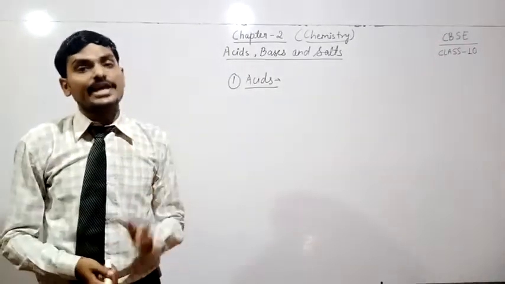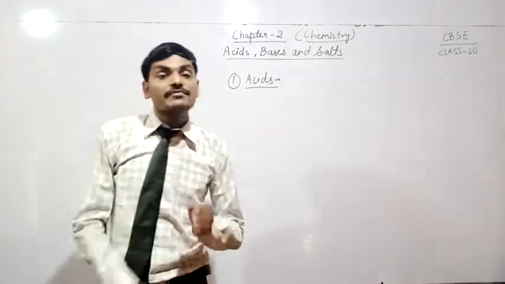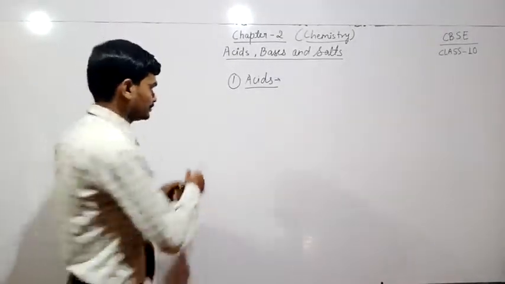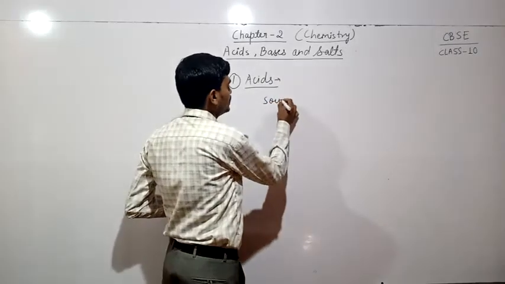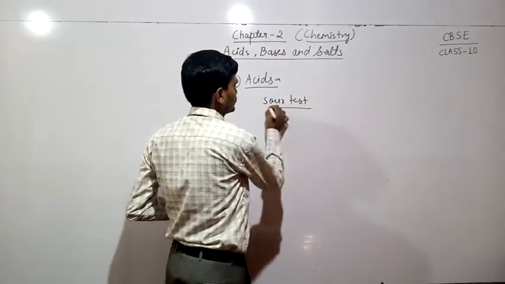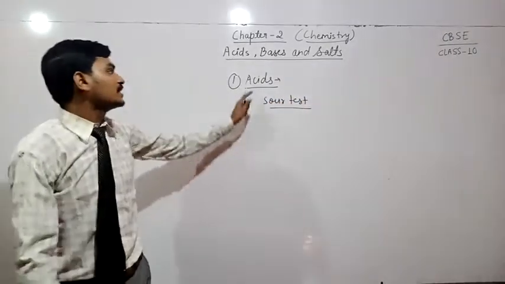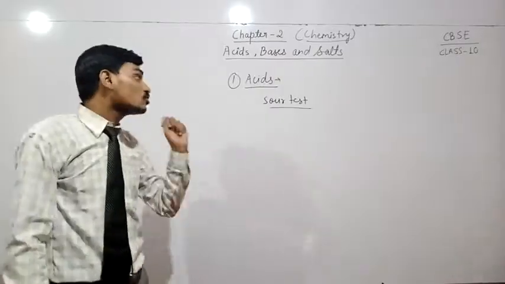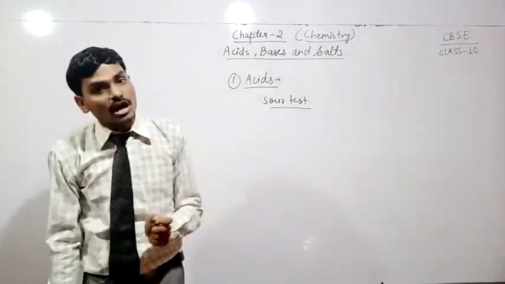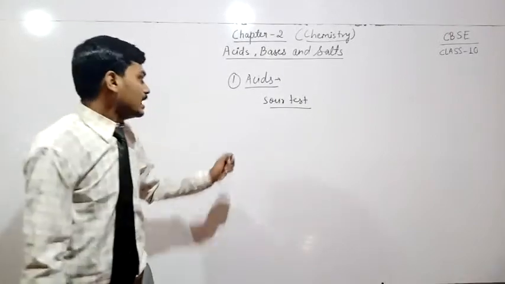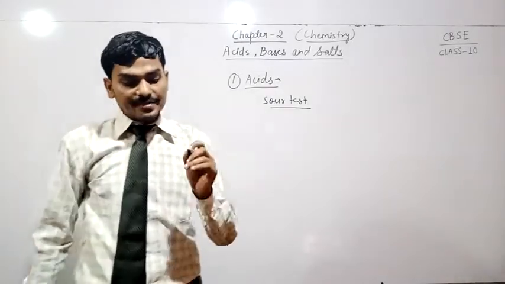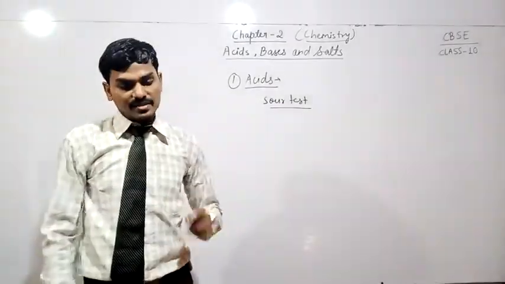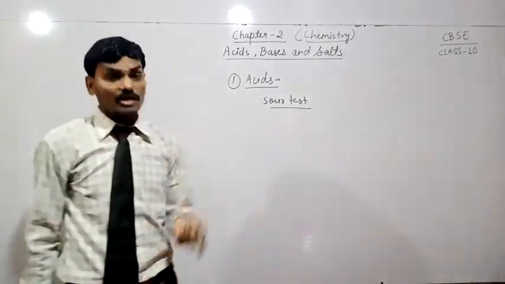Acids are those chemical substances which have a sour taste. So this is the physical property of acids. And acids present in plant materials and animals are called organic acids.